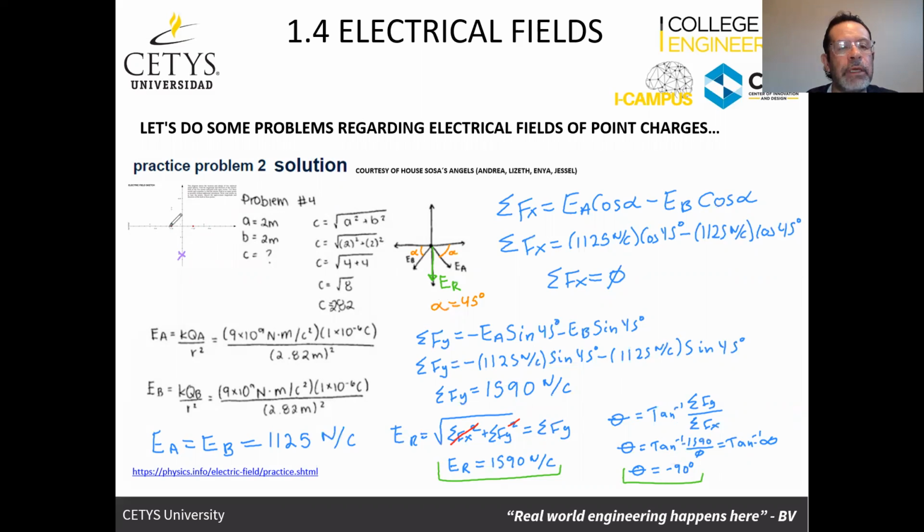Basically, we're going to have an electrical field due to A that, since it's pointing outwards, is going to be pointing downwards. If we do the free body diagram, which is the one that we see here on the right, then we're going to have an electrical field due to B that's also going downwards.